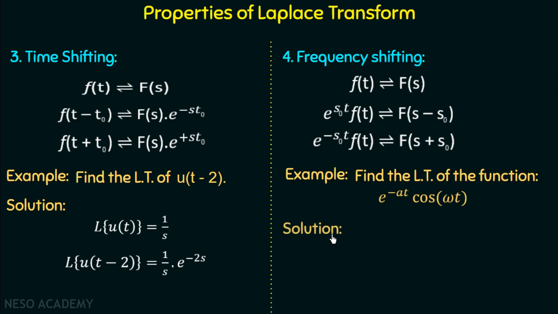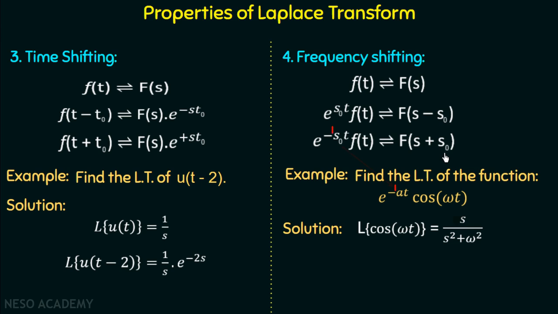Moving on to the solution, we have the Laplace transform of cos omega t equal to s over s square plus omega square. And now we have e to the power minus at multiplied with cos omega t. So we need to replace s by s plus a, because if we have e to the power minus s naught t multiplied with f of t, we need to replace s with s plus s naught.